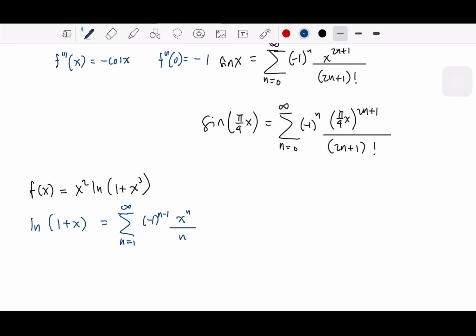and I start substituting some relevant variable.